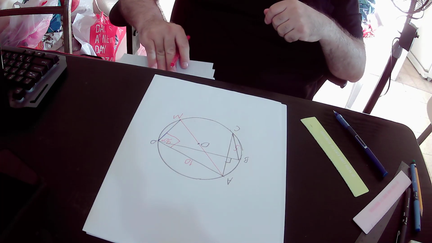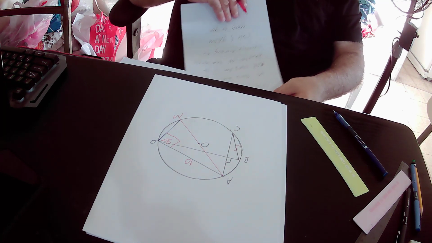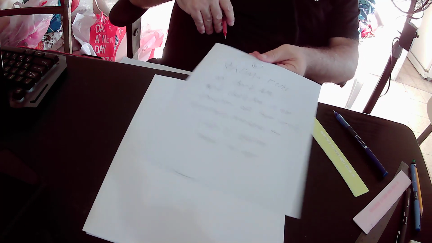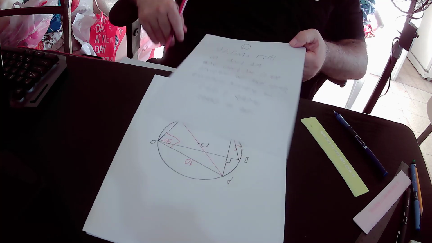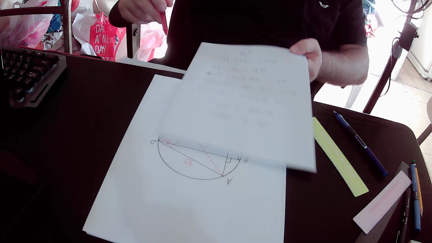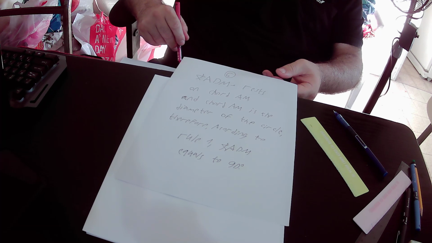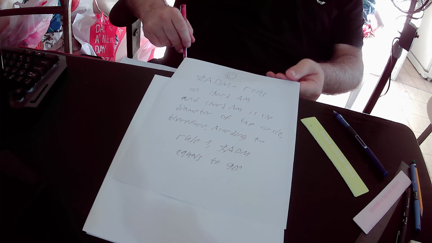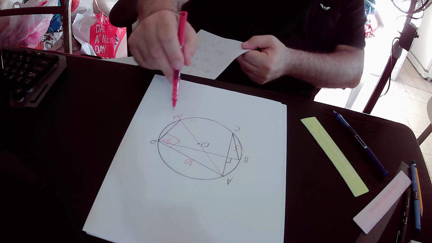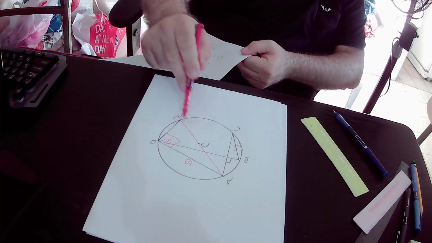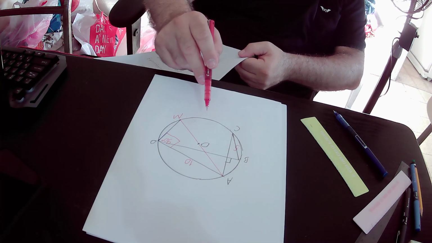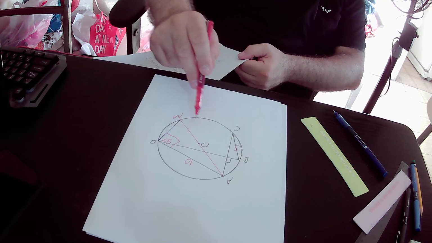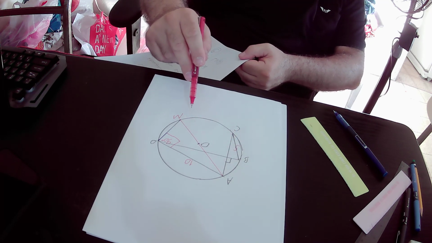I will read again the things that I wrote. Angle ADM rests on chord AM, and chord AM is the diameter of this circle.